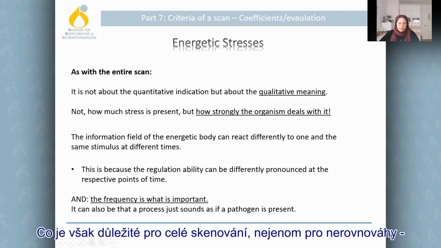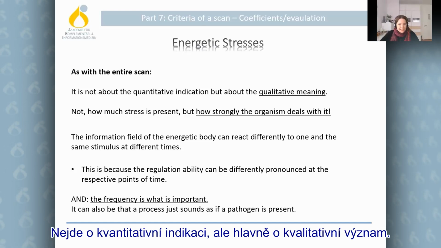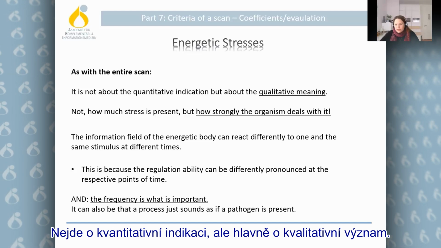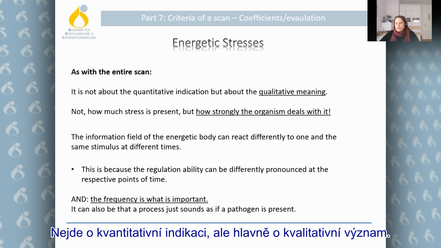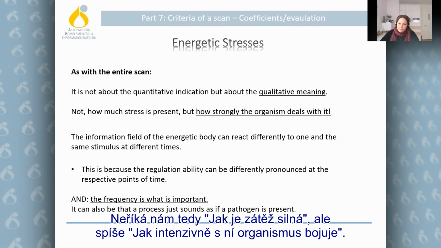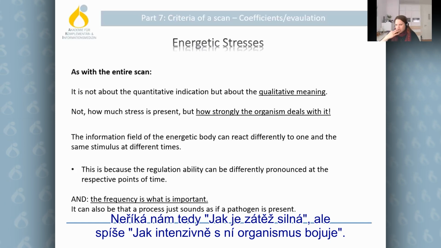What's really, really important for the whole scan, not only the disbalances, is that we don't have a quantitative indication, but always a qualitative meaning. So what does it mean? It's not how much stress is present, but how strongly the organism deals with it.